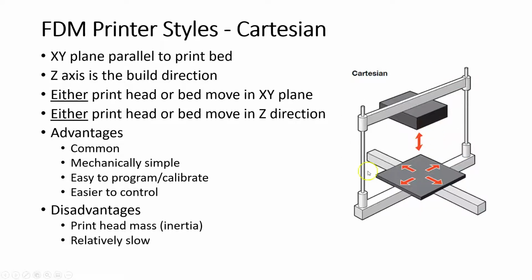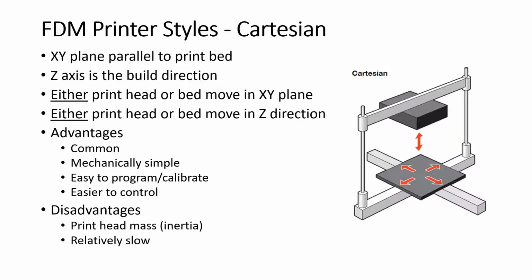In the example here, the printer head is going to move up and down in the Z direction, and the table is going to move in the XY plane. Remember that in the Stratasys example that I showed you, the table moved up and down and the print head moved in the XY. So this is kind of the opposite of that. But as you probably can guess, both options are available to us.